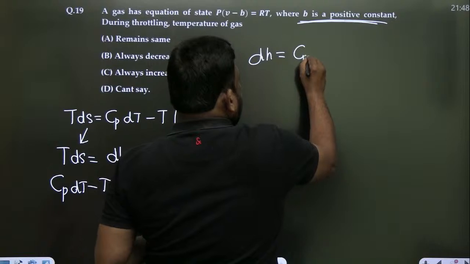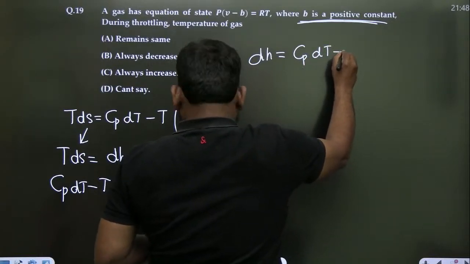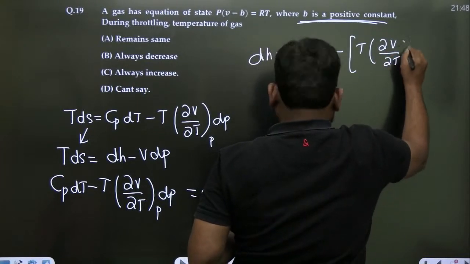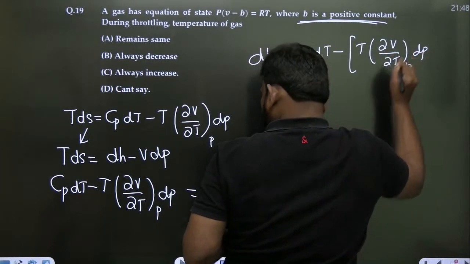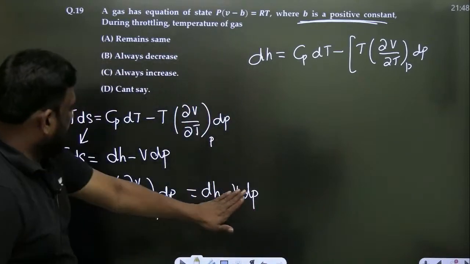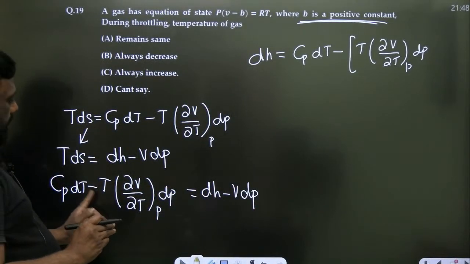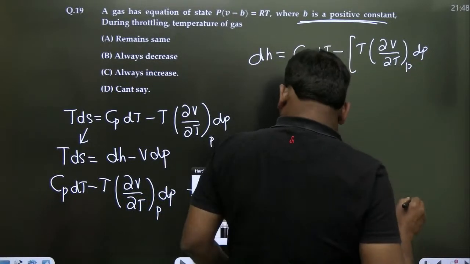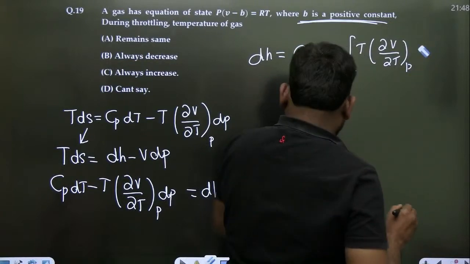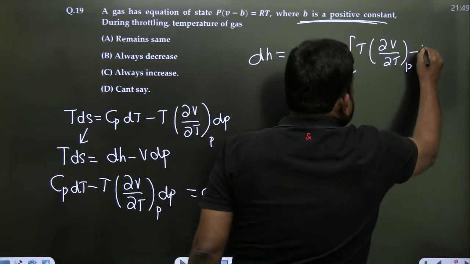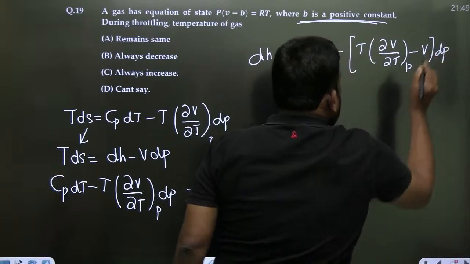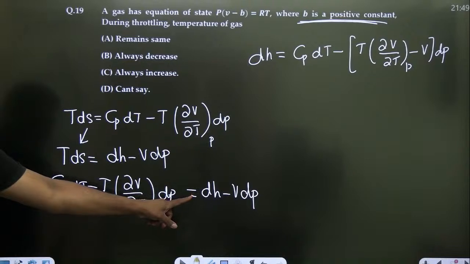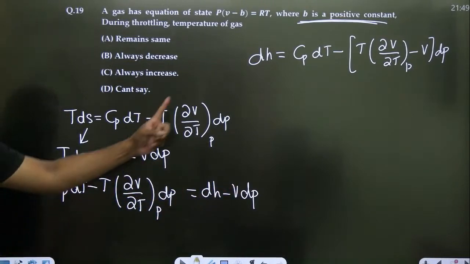It will be CpdT minus T into (∂V/∂T)P dP. I want dH, ना. dH चाहिए तो ये इधर लाना. CpdT इधर आया तो माइनस कॉमन लिए तो माइनस V. I'm just rearranging sir. टेंशन में मत आना. Is it correct or not? इस इक्वेशन को सिर्फ रीअरेंज किया सर. dH is equal to, I brought VdP this side, माइनस कॉमन लिए. सही है ना?